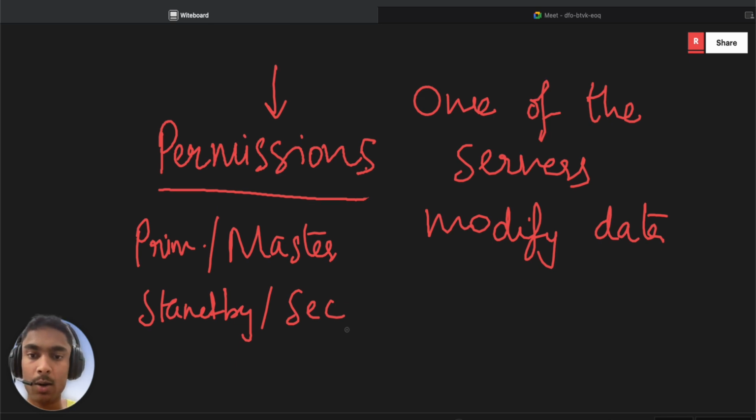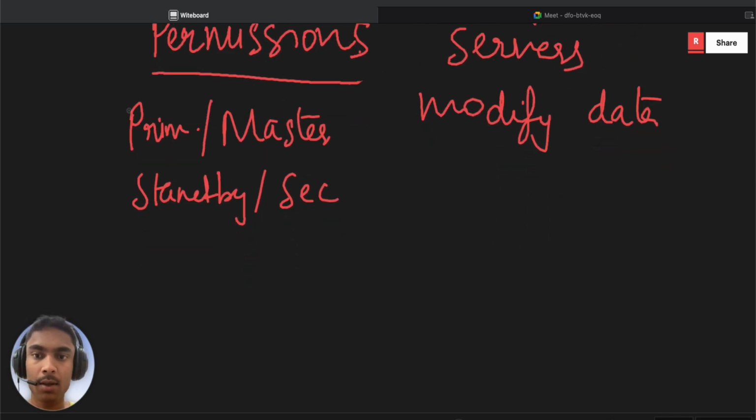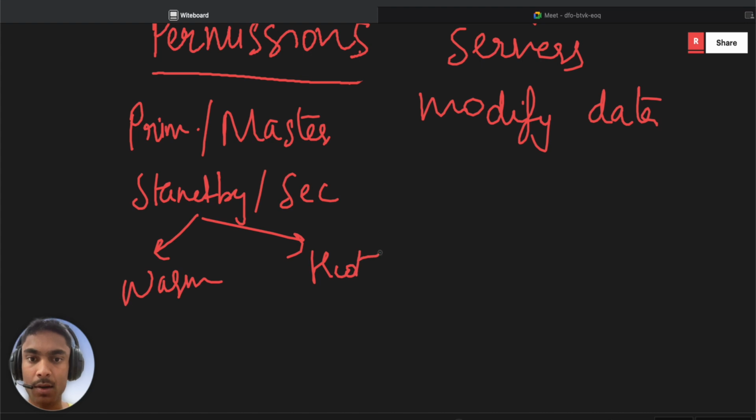Now this one can also be of two types. Basically it can be a warm standby or a hot standby server. So what's the difference? The warm one cannot accept connections until it is promoted to a primary server.